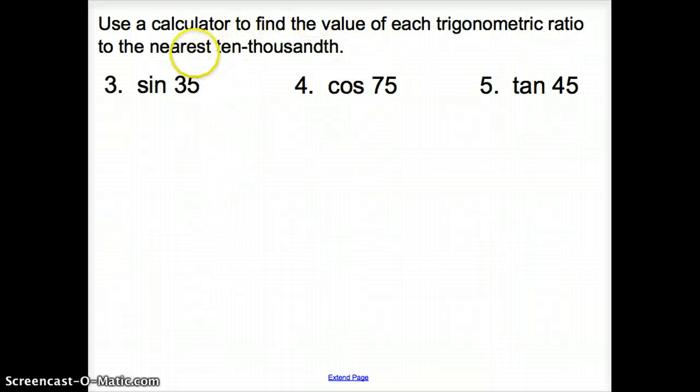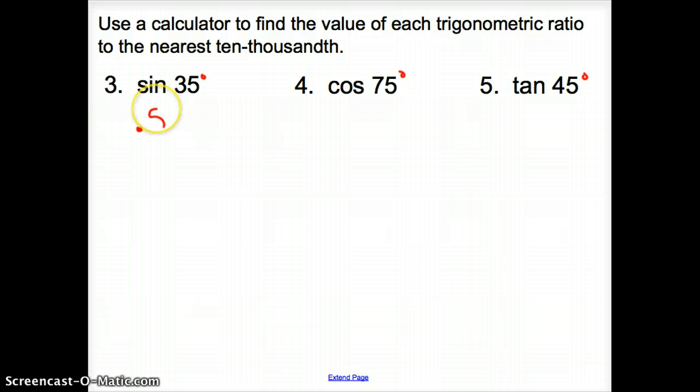Now you'll like these problems because you get to use your calculator to find the value of each trigonometric ratio to the nearest ten-thousandth. What we have to do is make sure our calculator is in degrees, because these are all degrees. Most of the time they'll have a degree sign right here. So we make sure our calculator is in degrees, then we hit sine of 35 and it spits out a number.